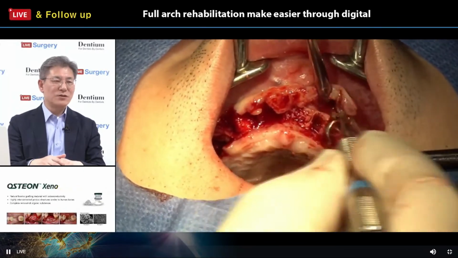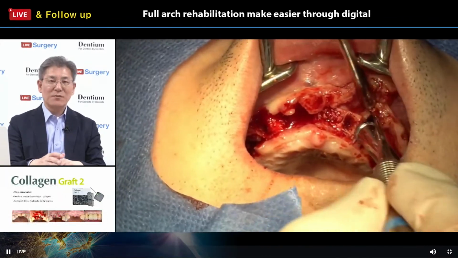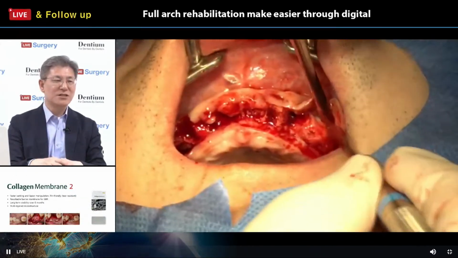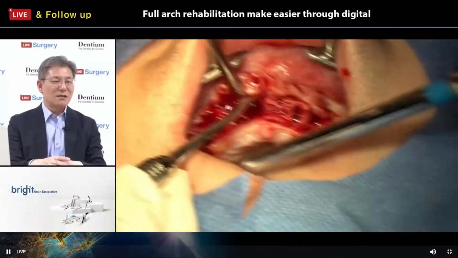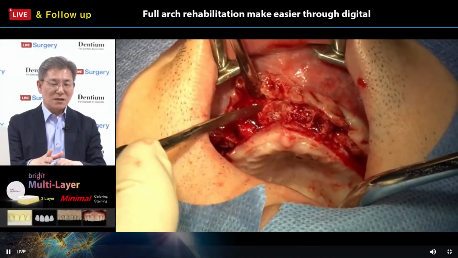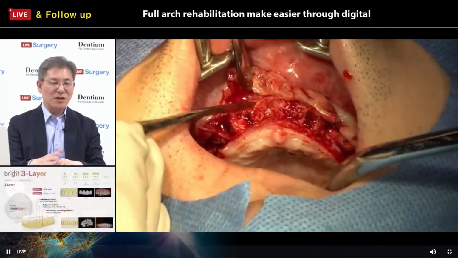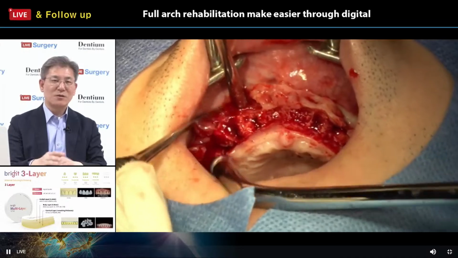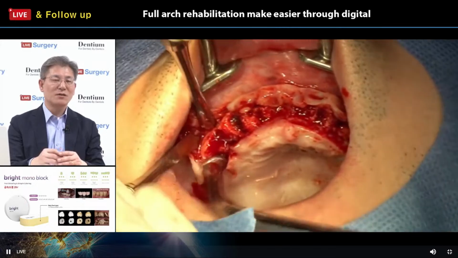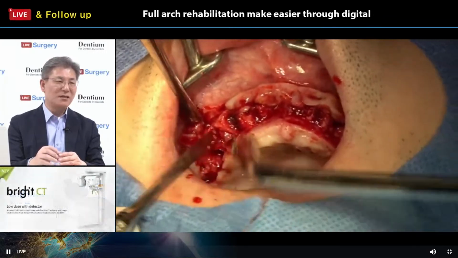And first of all, with this full mouth case, sometimes we need alveoloplasty, right? Just one week after extraction, we can clearly see the bone spicules around the extraction sockets. So some portions need trimming by bone rongeur or round burs, and any other instrument can be used. However, the alveoloplasty is needed.